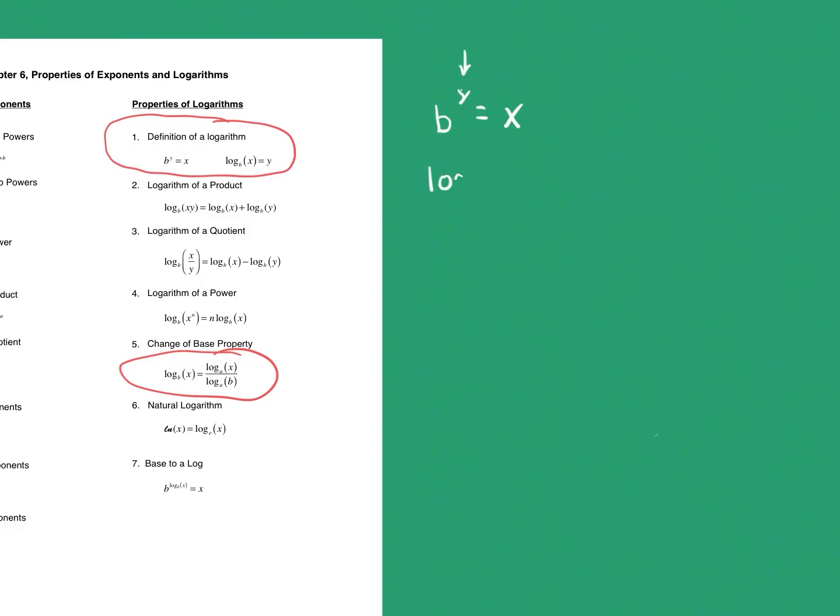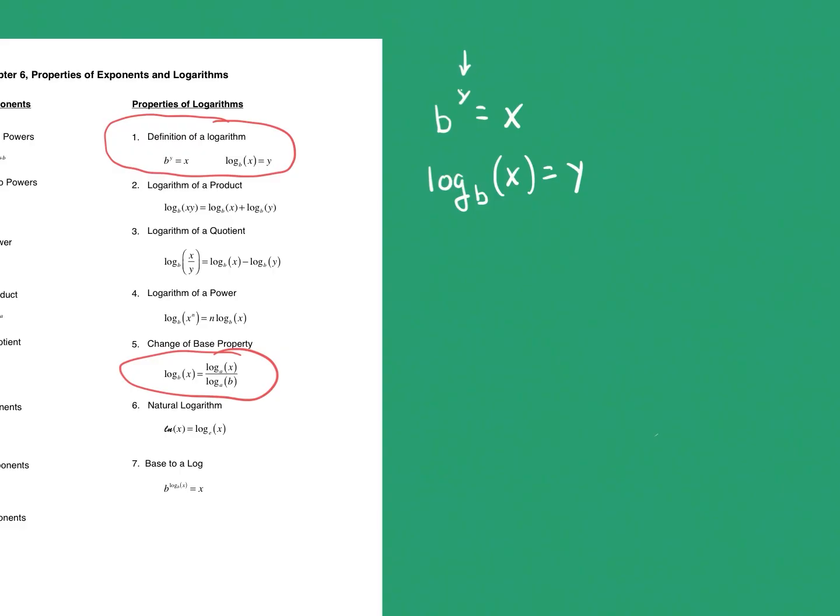The way we rewrite this with logarithms, we would say log base b of x will equal y. What I'm asking here is, what exponent for b would give me x?